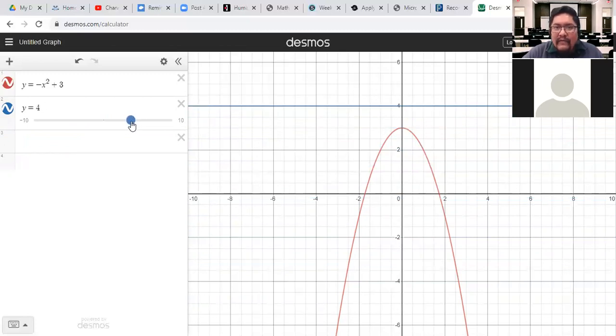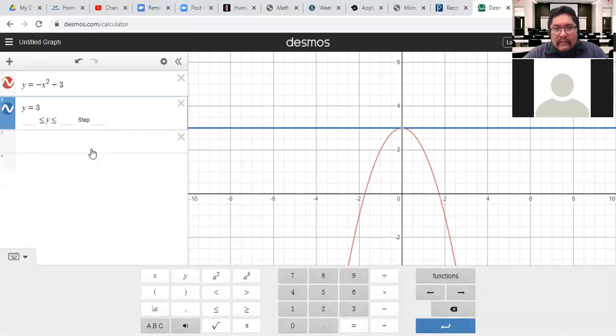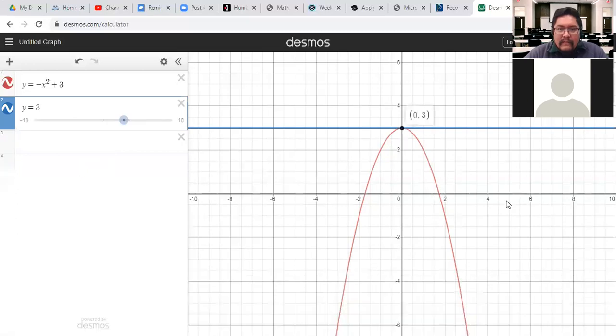I cannot get 4 because my function, the red one, does not go anywhere near 4. So there's no possible way I can get a 4 from this. The highest number I can get is 3. So our range is any y value less than or equal to 3. Because again, down here, these are all the numbers less than 3.